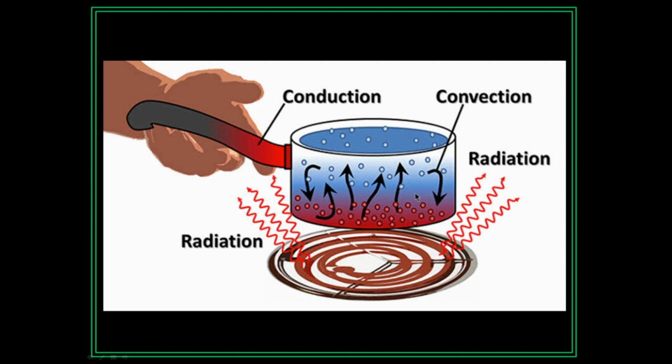This is known as conduction. And due to this hot vessel, the water inside it gets heated, and that is the convection process, because the water density changes and it is moving round and round. That's how the convection happens.